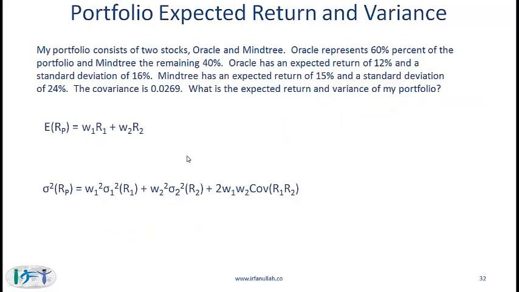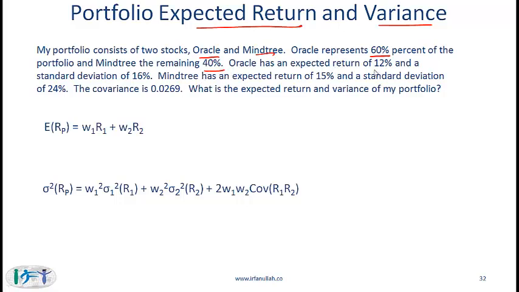Now we are in a position to talk about both expected return and variance for a portfolio. Let's say that I have a portfolio that consists of two stocks, Oracle and Mindtree. Oracle represents 60% of the portfolio, Mindtree the remaining 40%.